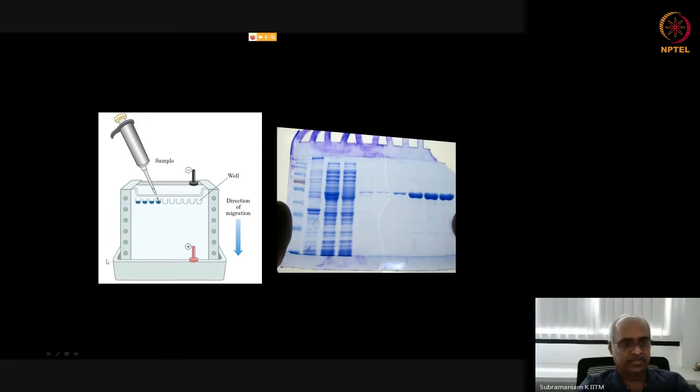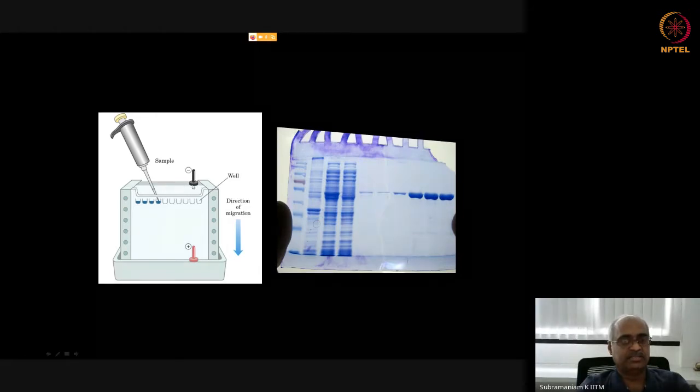The bottom is straight and flat, which is not visible, sitting in this trough. And you have one more glass sheet shown here. The gap between the two glass plates is determined by a plastic sheet that we keep between the two.